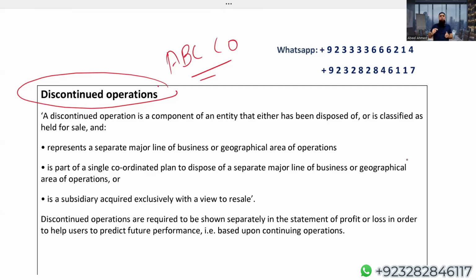Now let's assume ABC company has decided to sell the entire business of product B. If you have decided this, then I'll say that the product B business is your discontinued operation. It means you have to prepare financial statements for the shareholders and let them know the profit which the company is enjoying right now, which is actually coming from both products, both businesses.